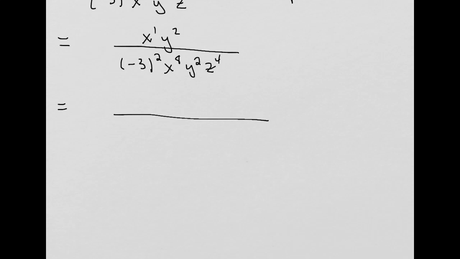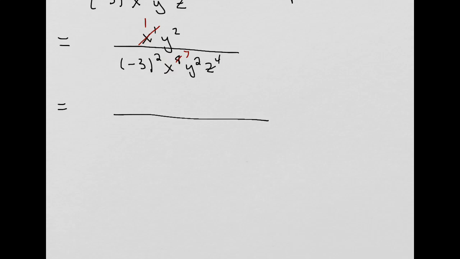Let's start with the x's. You'll notice I've got x to the first on top and x to the 8th on the bottom. Clearly I have more x's on the bottom than I have on the top. So if I do my subtraction, that means 8 minus 1 gives me x to the 7th on the bottom, and all my x's on top basically cancel out, and all I'm left with is a 1 up there.